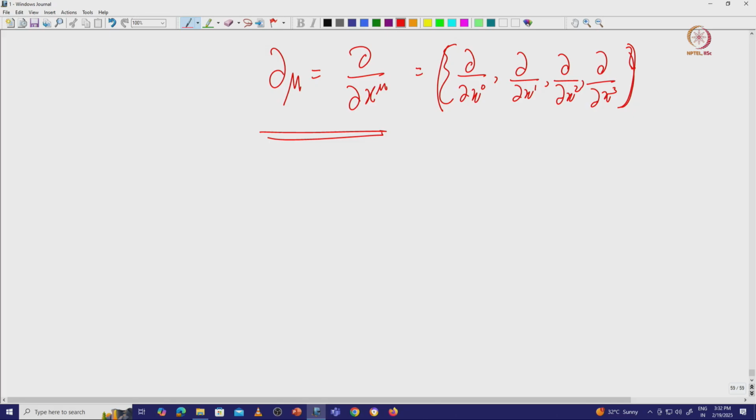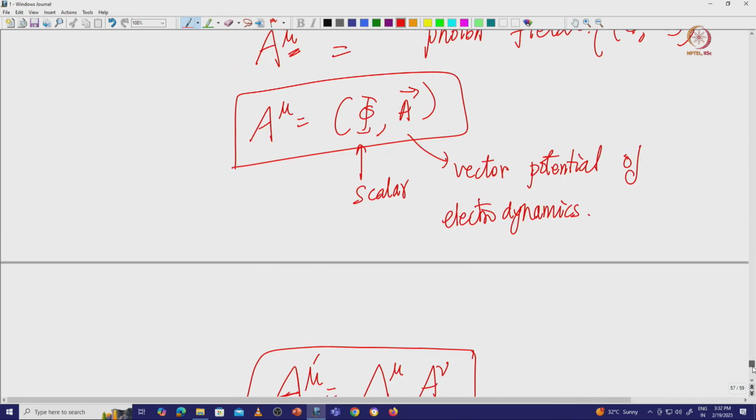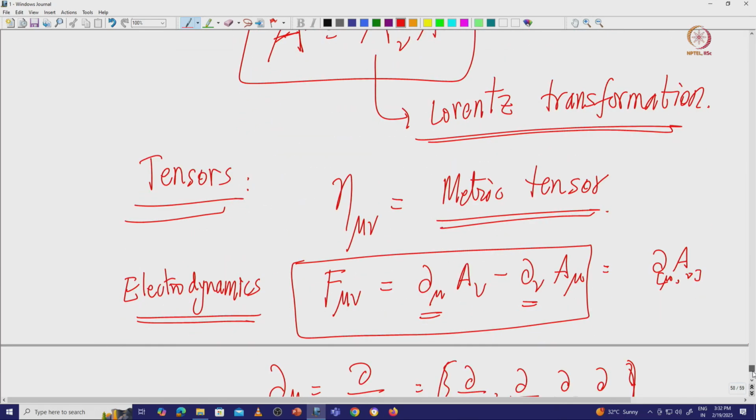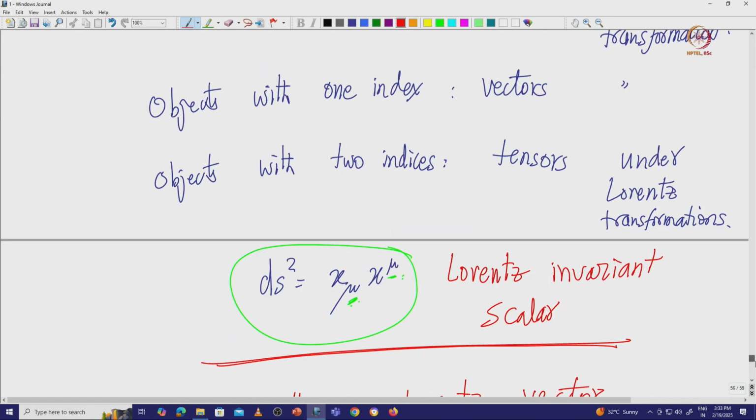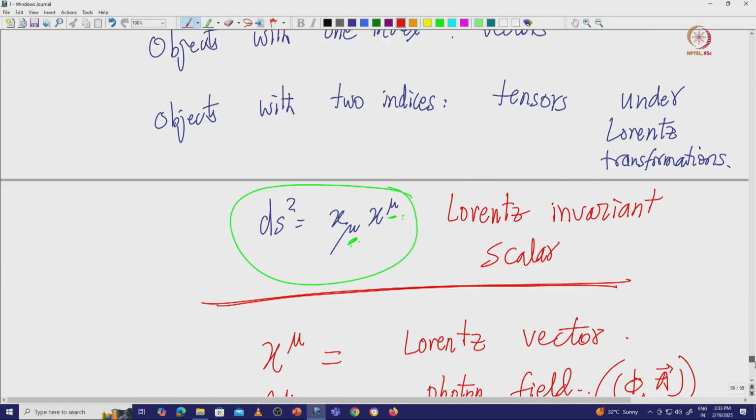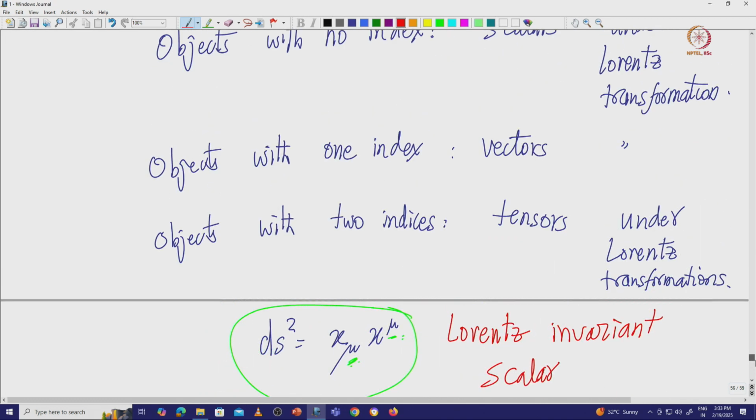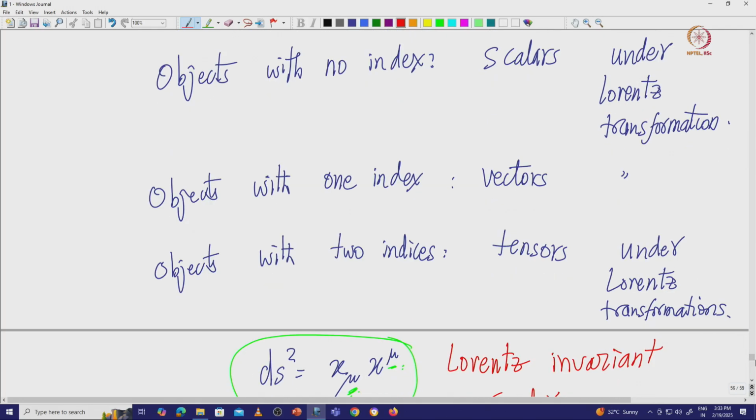Whenever you see a 0 index object, it is invariant under Lorentz transformations, and that is called a scalar. So scalars are always invariant under Lorentz transformations.